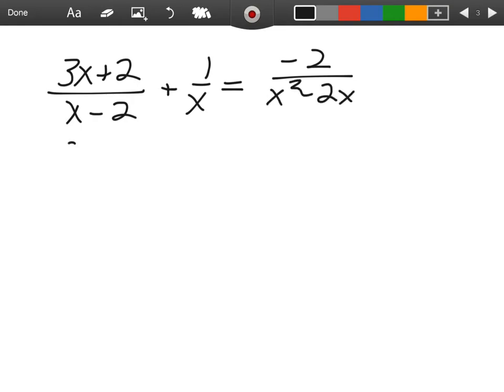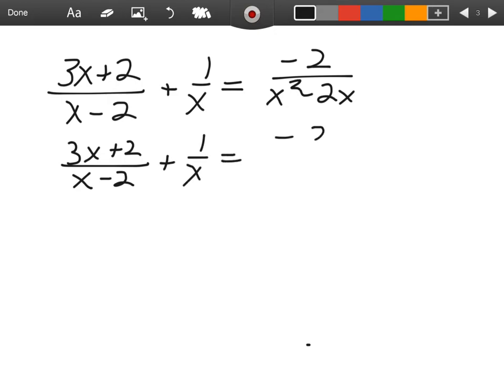Now, over there on the left-hand side, just so you can see it a little bit easier, that bottom part is x times x minus 2. So your common denominator is going to be x times x minus 2, because that's what's over here.